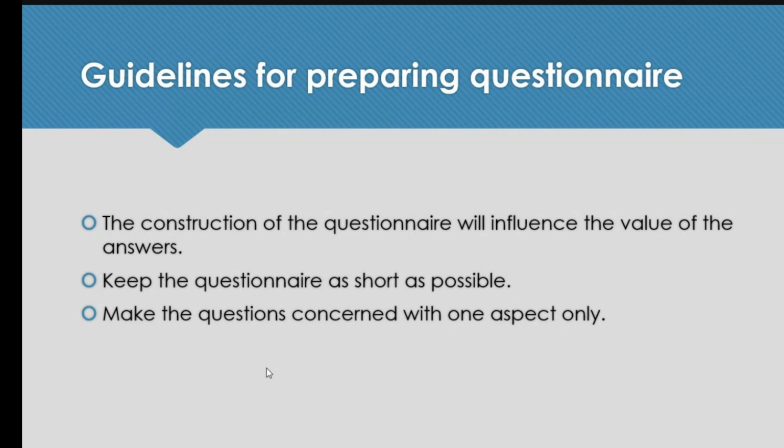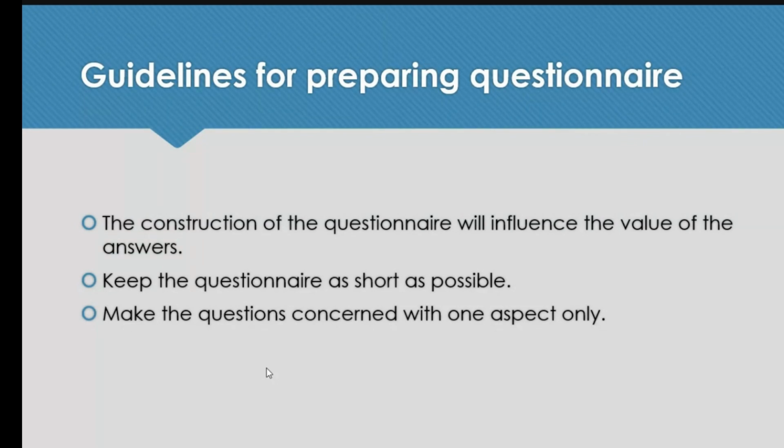So when you are preparing the questions, you have to ensure this, right? If you make the question on one aspect, you can get the data efficiently. For example, how important is food in your selection of a hotel? How important is accommodation? How important is service? Like you are talking about a hotel survey, so you can ask about all this.